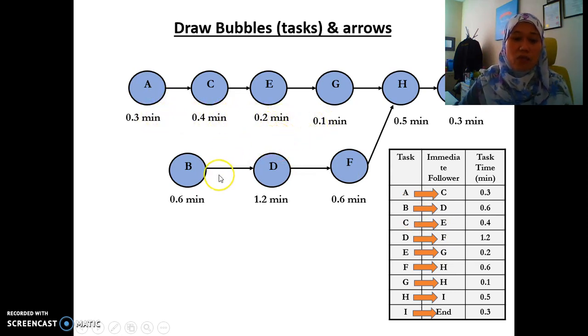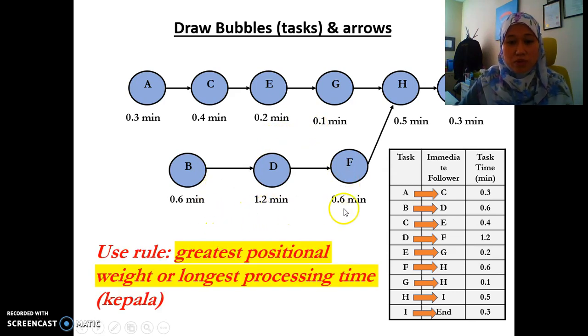And then we have to apply some rules. For these rules, we decided to use the greatest positional weight, or the longest processing time, which in my class I call kepala, in which you have to find the biggest kepala here. So how do we do it using this rule? You have to calculate the sum of the time involved for this process.